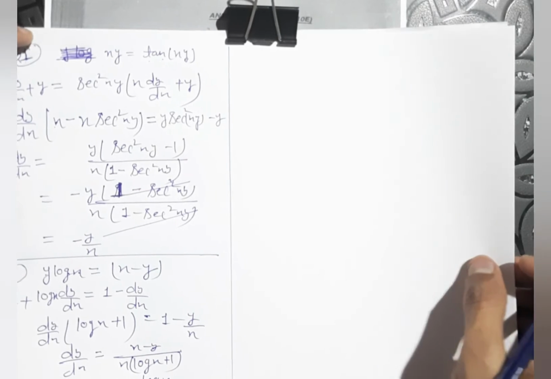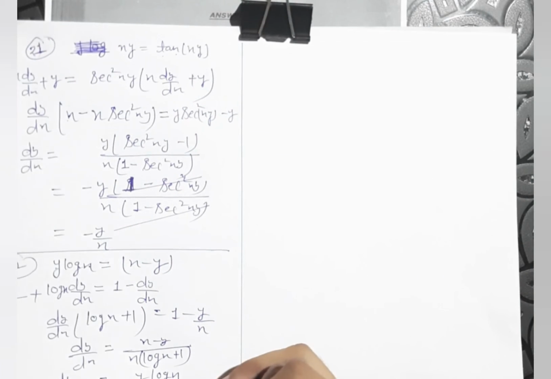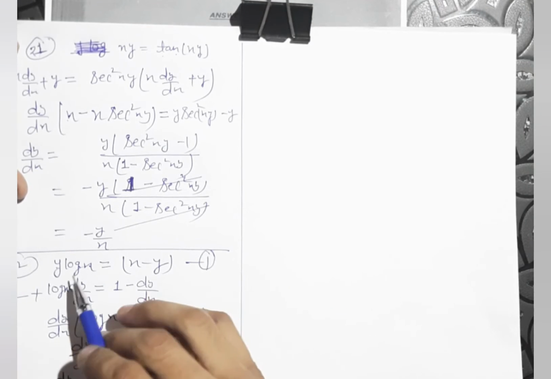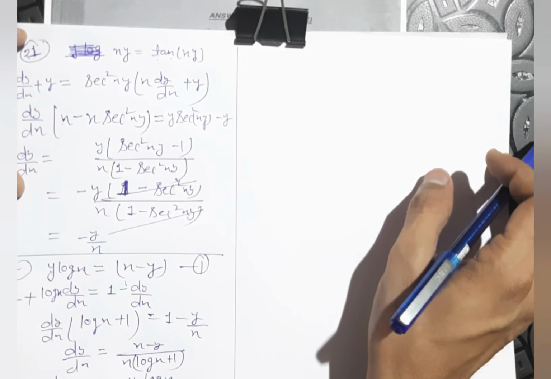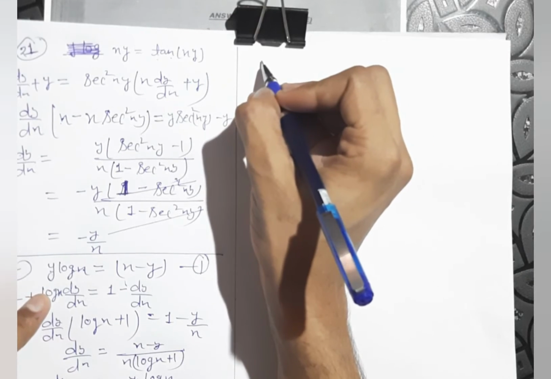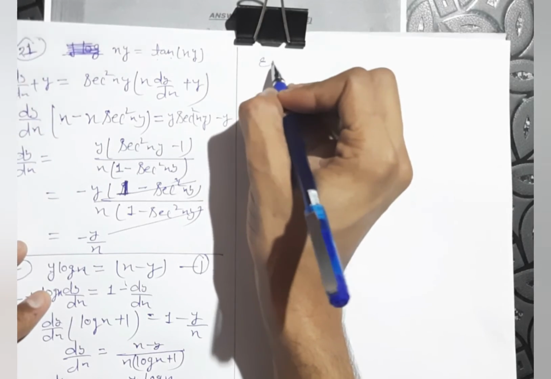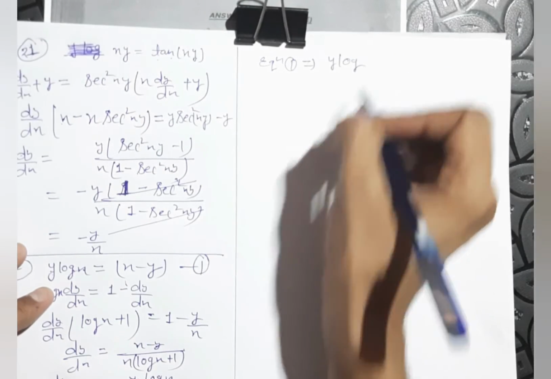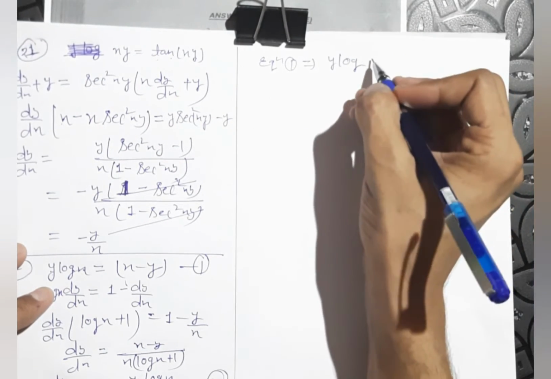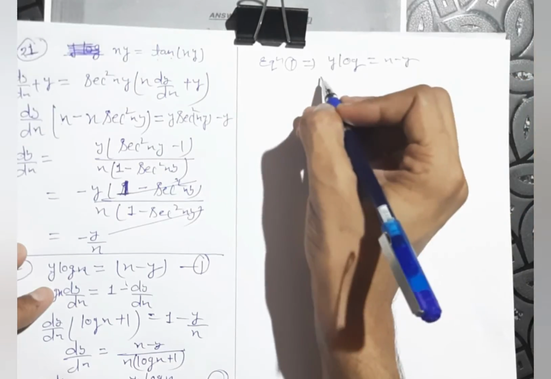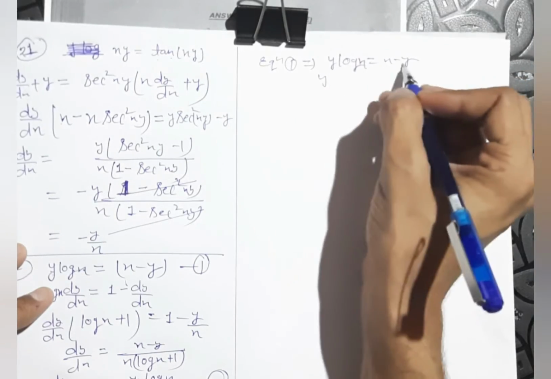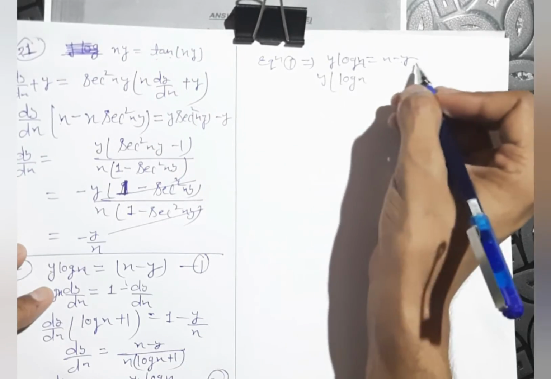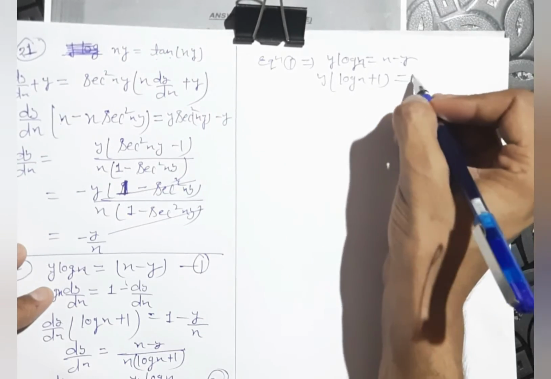So also we have here y over x from equation number first. Let me just rewrite equation number 1: y log x = x - y. So I am taking y as common from both sides, y is common, and here log x plus 1 equals x.